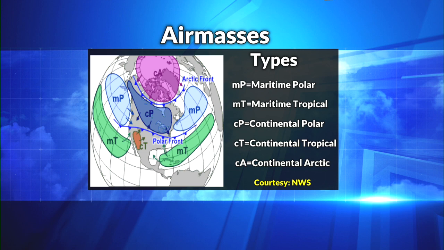These air masses are regions or blobs of similar temperature, similar dew point, and similar humidity, and these tend to move around. Sometimes they do mix with each other, but eventually one of them has to win out.